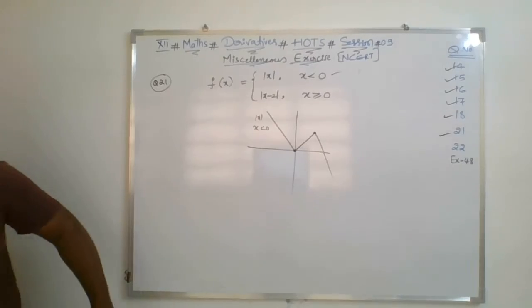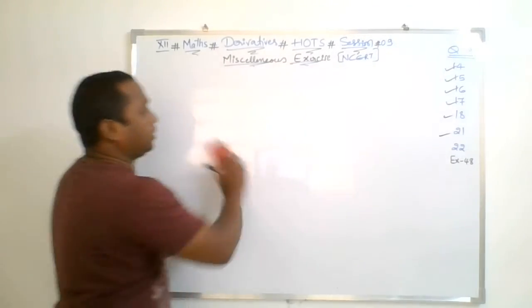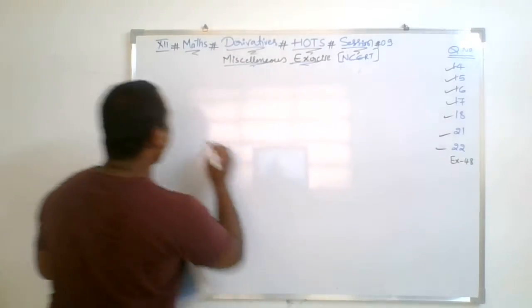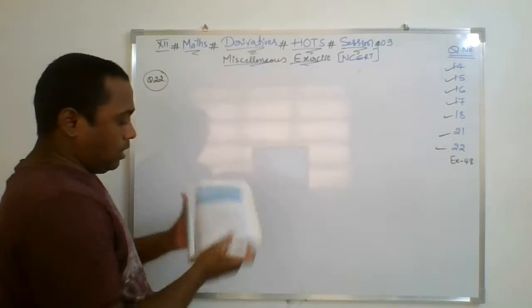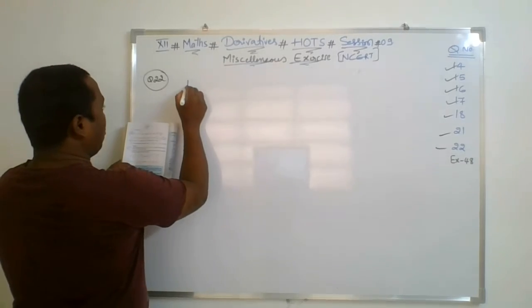Now coming to the next question, number 22. What is this question number 22? It's simply the determinant of a 3 by 3 matrix.